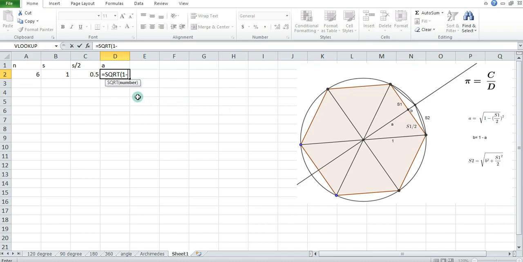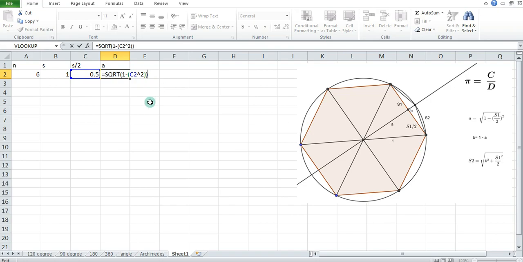So 1 minus, we are going to square this s by 2, and bracket closed.